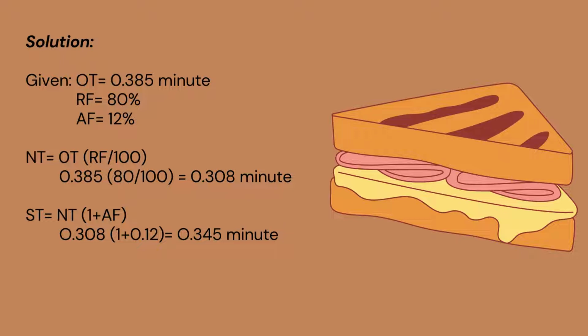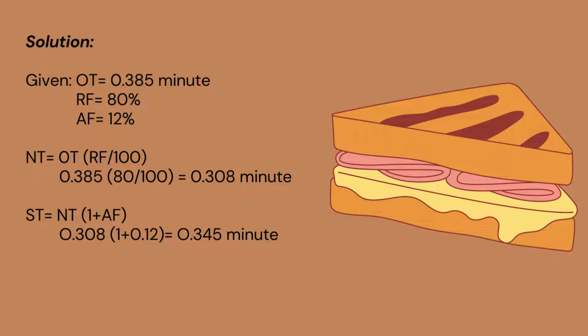Observed time is equal to 0.385 minutes. The rating factor is 80%, and the allowance factor is 12%. So for the normal time, we will rewrite the formula where your observed time is multiplied by the rating factor over 100.